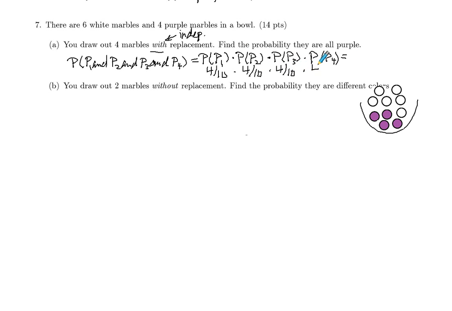And then just plug that into your calculator, and it turns out to be 0.0256. So 2.56% chance. And then next we draw out 2 marbles without replacement.